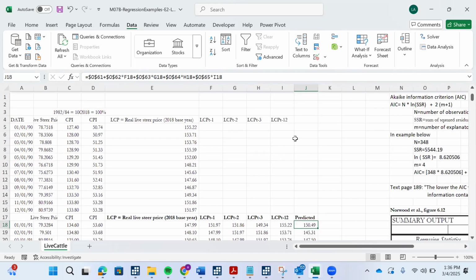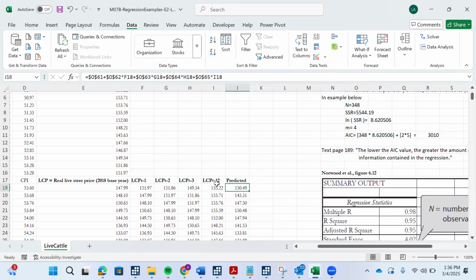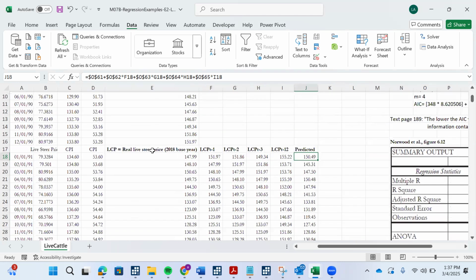So the task here is we want to know how many lags we should include in our model. In other words, how many months back does the live steer price explain live steer price in the current period, adjusted for inflation?